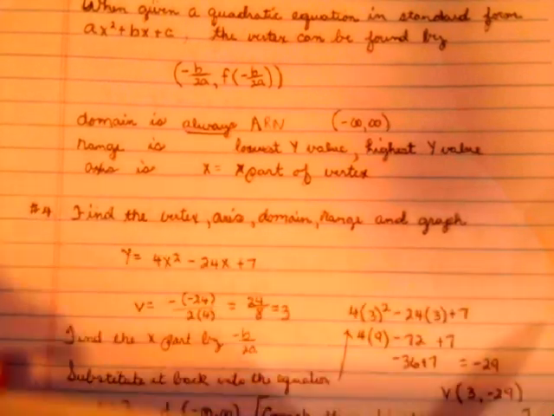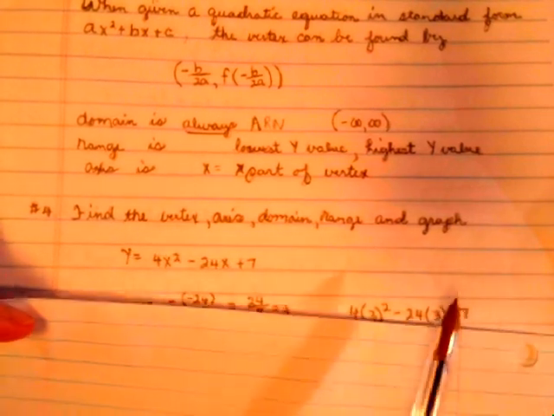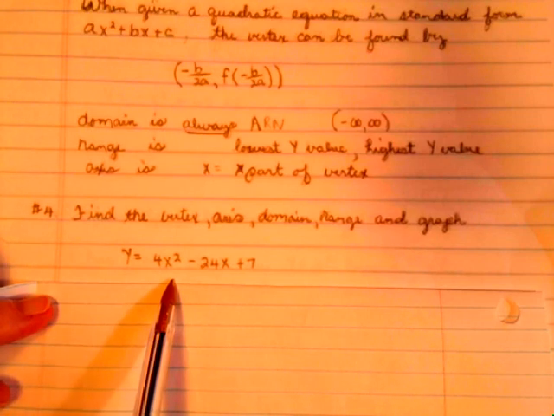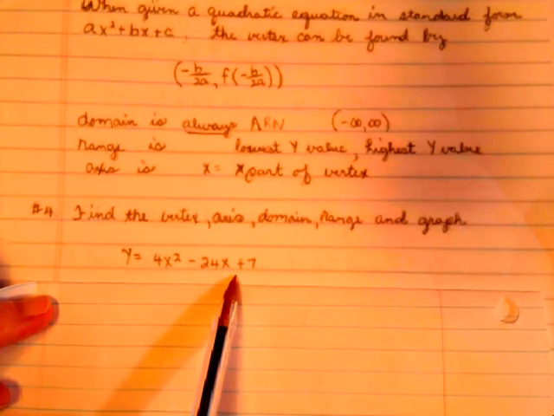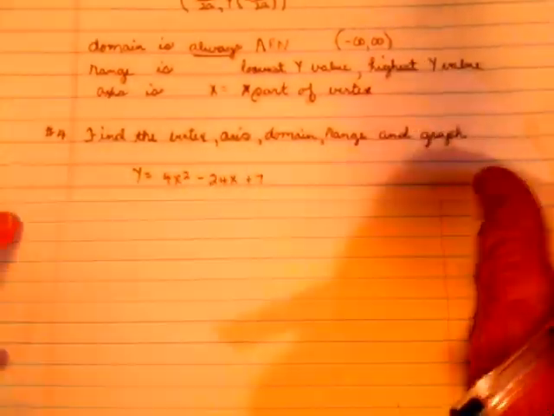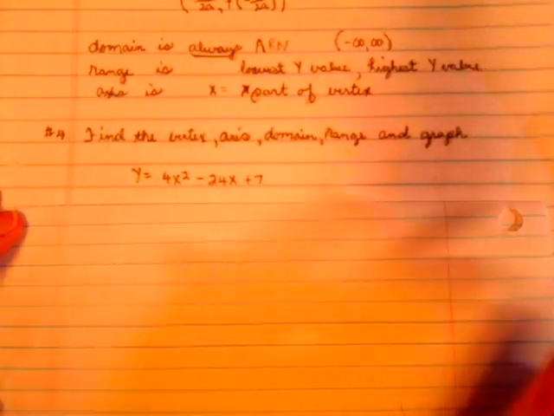Example 4. Find the vertex, the axis, the domain, and the range, and then graph y equals 4x squared minus 24x plus 7. Since this is in standard form, I have to use negative b over 2a.